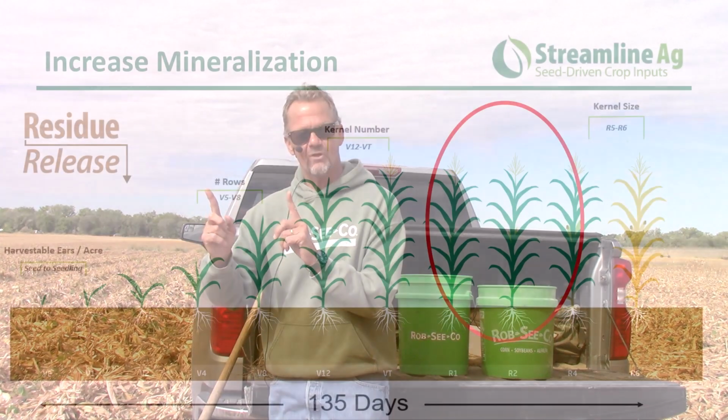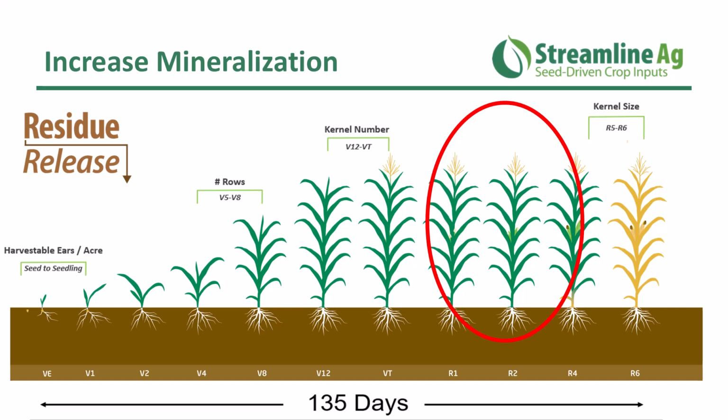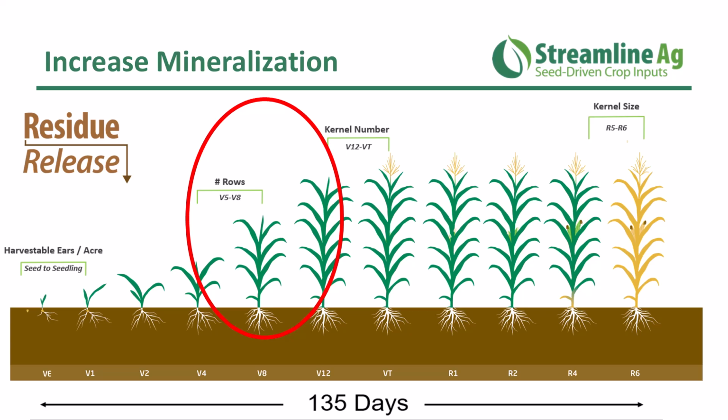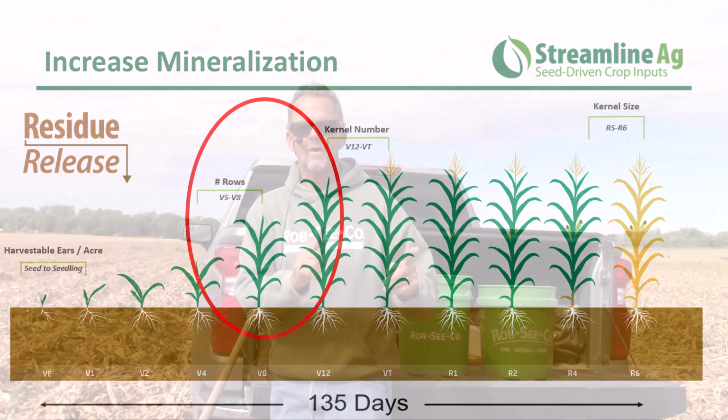And instead of that mineralization taking place way out here on the backside in the latter part of July through the first part of September, we can move that window of available nutrients up into June, into early July, whereby now that nutrient availability has an effect on the reproductive phases of your next year's crop.